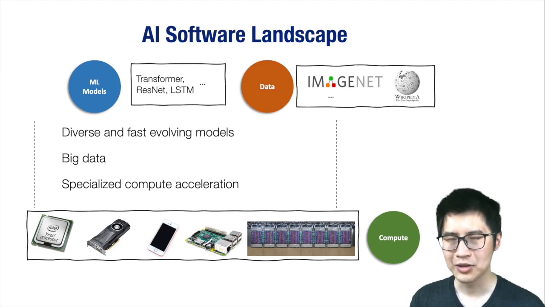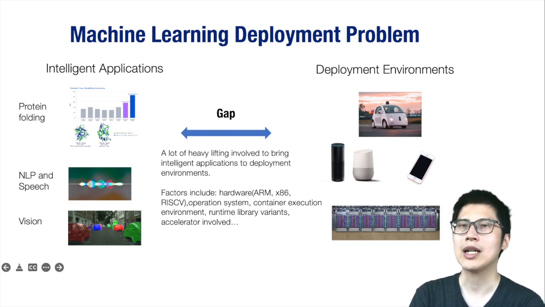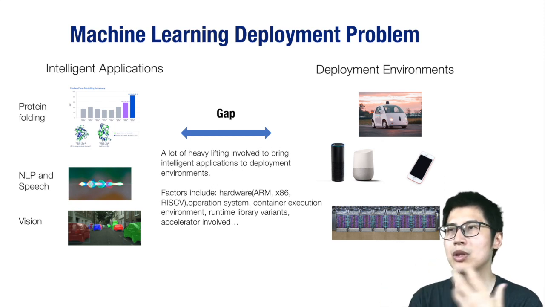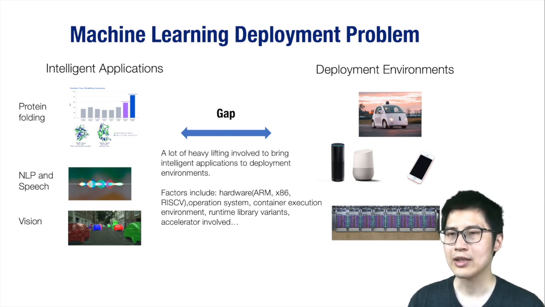Okay, so what is machine learning compilation specifically? If we want to talk about machine learning compilation, we want to start by thinking about what it involves to take what we call intelligent applications and put them onto the environments we are interested in, which we call deployment environments. In a lot of cases machine learning has been used, and with the recent success of deep learning, quite a lot of smart applications have become part of our daily life.